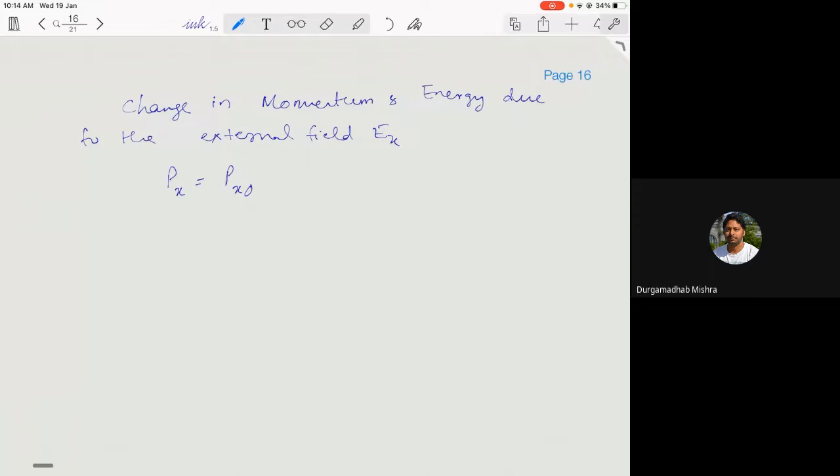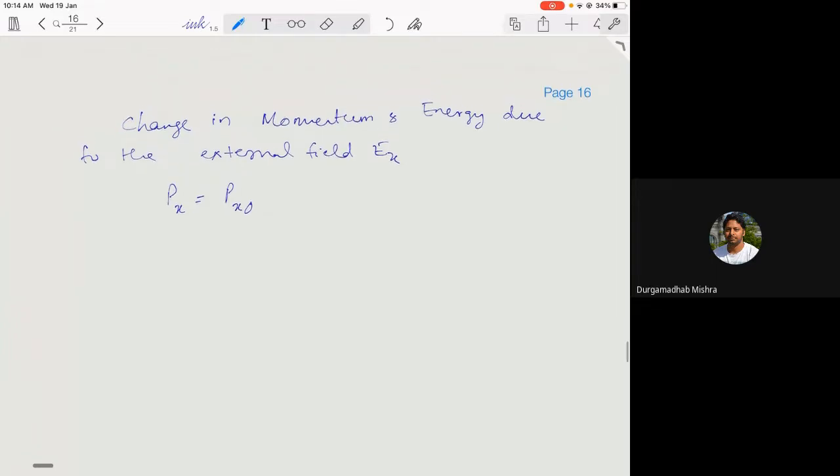So the question is, if we are at room temperature and you are applying an electric field of 0, in that case electrons can go above the Fermi level.